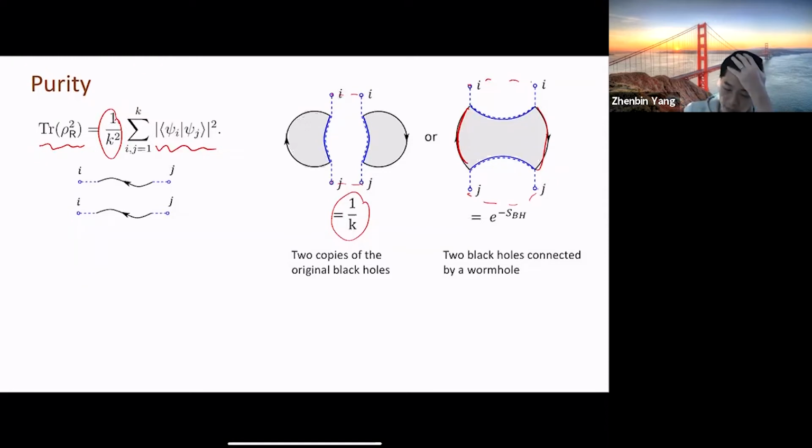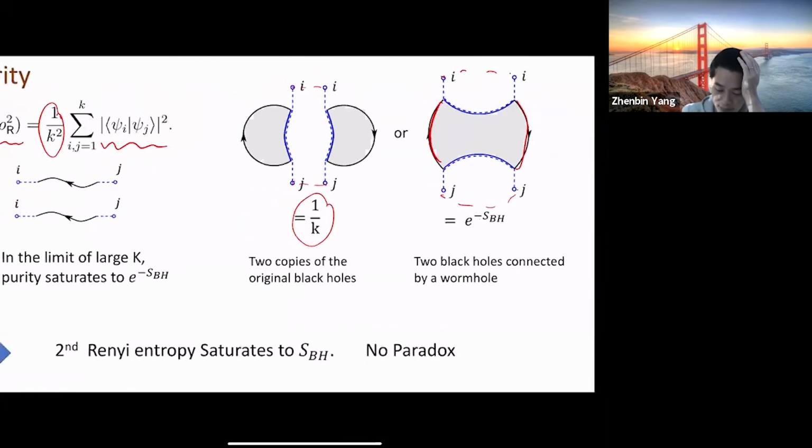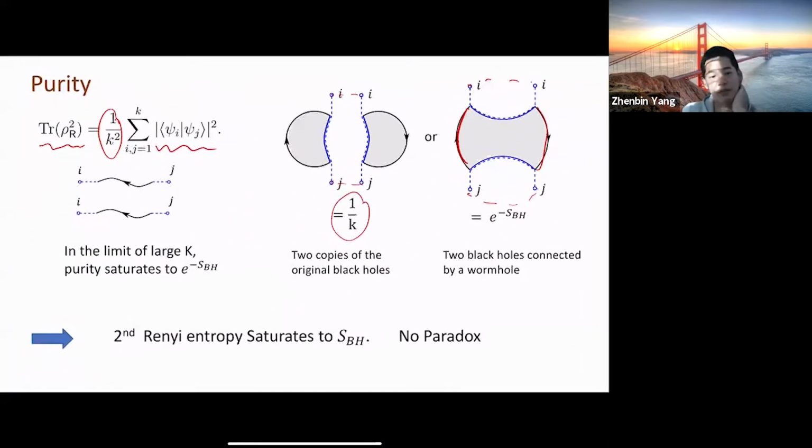Clearly, when k is larger than e to the S black hole, the purity saturates to e to the minus S black hole. Therefore, the second Renyi entropy saturates to S black hole. So if you're using this rule, then there's no paradox.